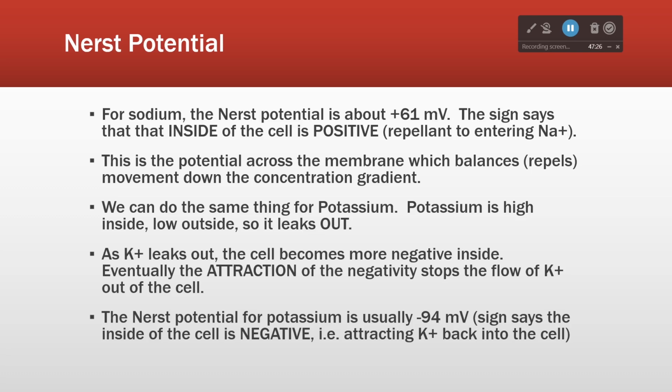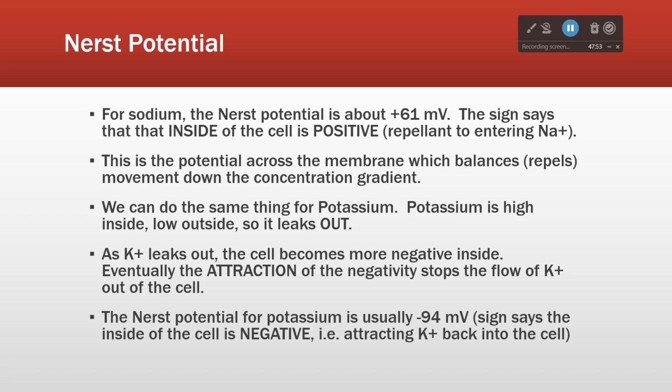So that's the balance. Now we can do this same experiment for potassium, but it's reversed, right? Because potassium is high inside, low outside. So potassium, if we open the gates, tends to rush out, okay? Well, eventually, as enough potassium leaks out, the inside of the cell becomes more and more negative, right? Because we're moving positives away.